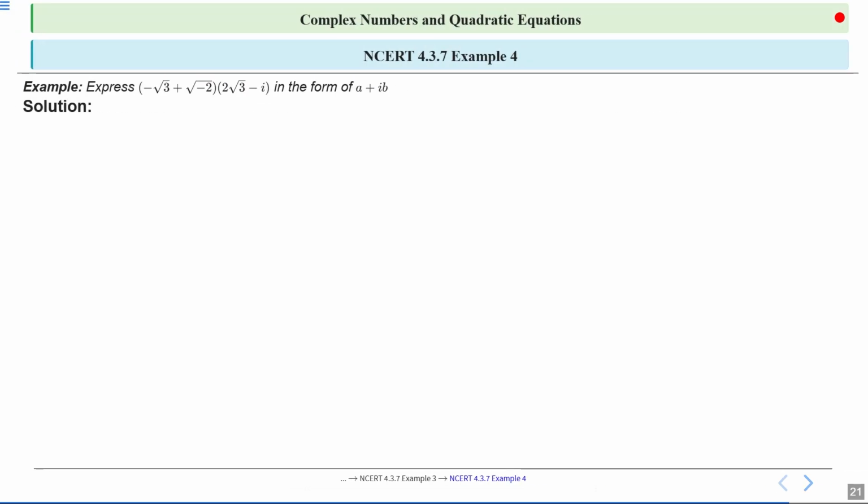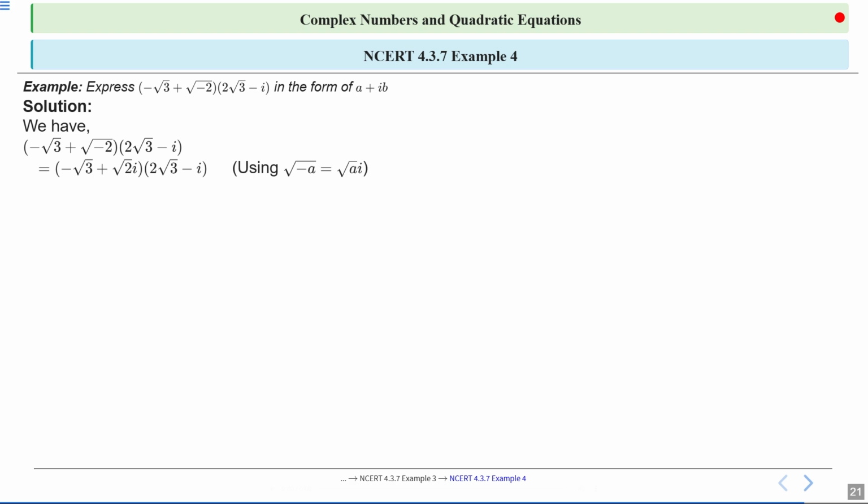So let's look at the solution of this example step by step. First we will start by stating what we have. The expression we have is minus square root of 3 plus square root of minus 2 times 2 times square root of 3 minus iota.